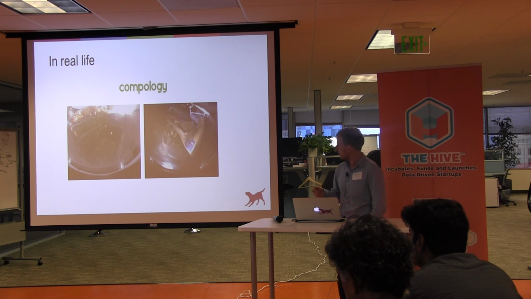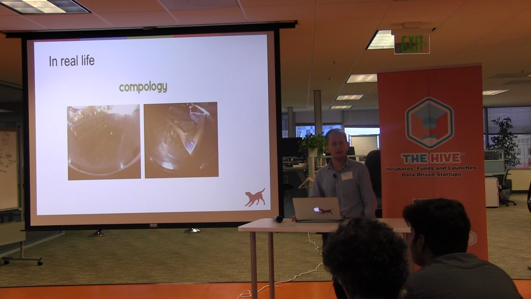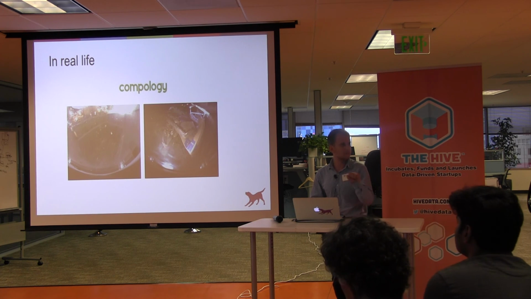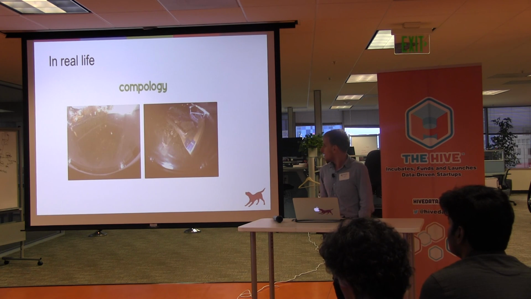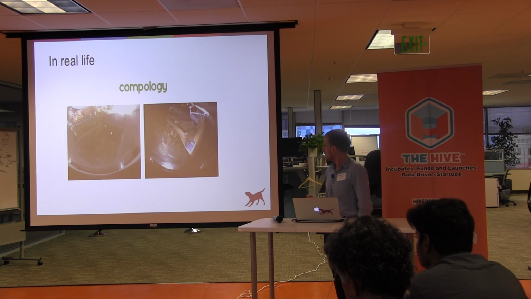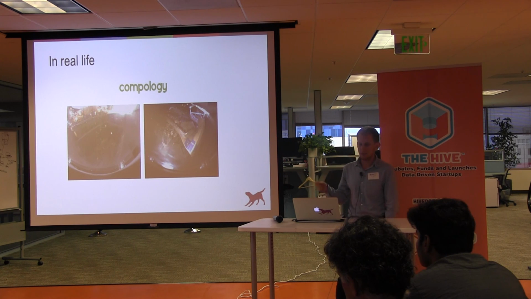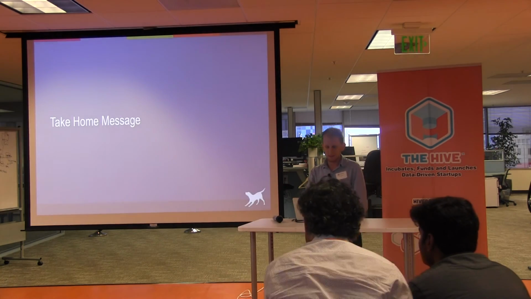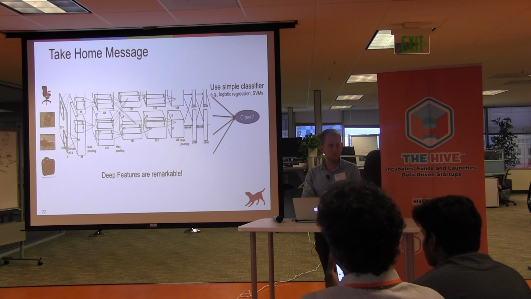And so using deep features, we have managed to effectively have an accuracy of 96% for classifying almost empty and almost full dumpsters. And previously this was being done by Mechanical Turk, so it was not scalable for them. And this sort of stands out to me because, once again, these trash images are very poor quality. They are definitely not related to anything in ImageNet, yet we just took that model and applied it and voila. So the take-home message is, these deep features are really remarkable.